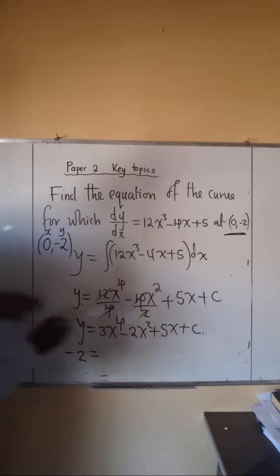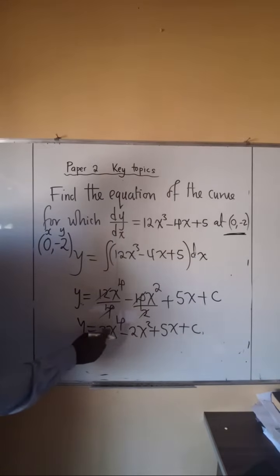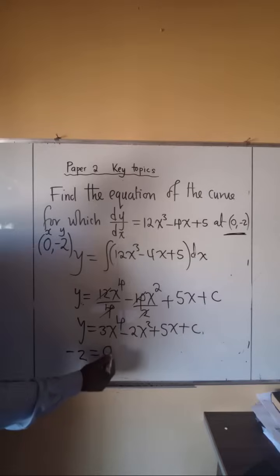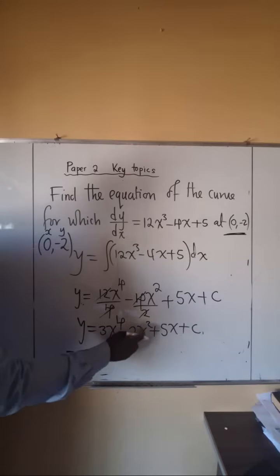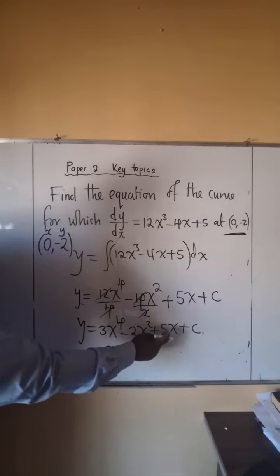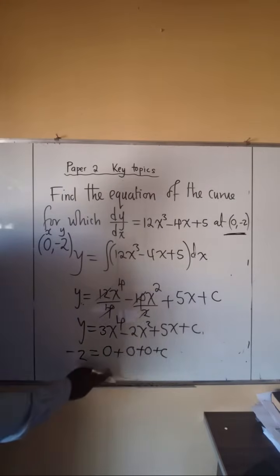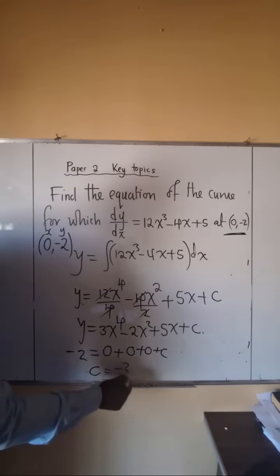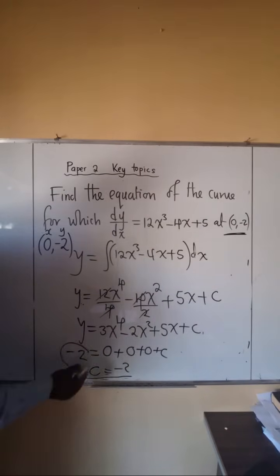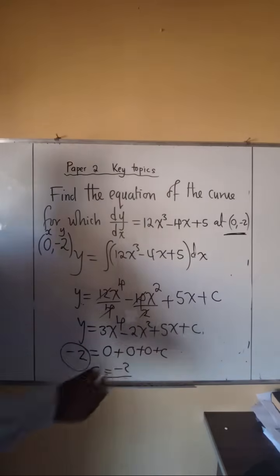So here, when we put a 0, it will be 3 times 0. It will just give us a 0, plus -2 times 0, 0. Even here, 5 times 0, it will be a 0, plus c. Meaning, the value of c is just -2. You see, this value of c is -2, which is here, because all these will just give us a 0.